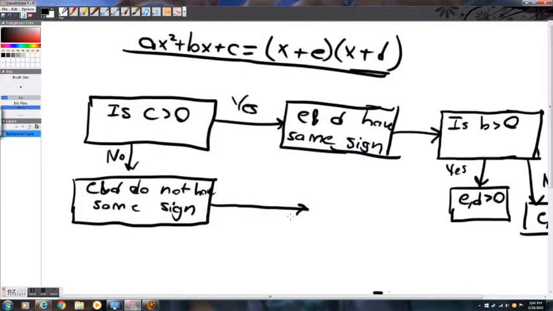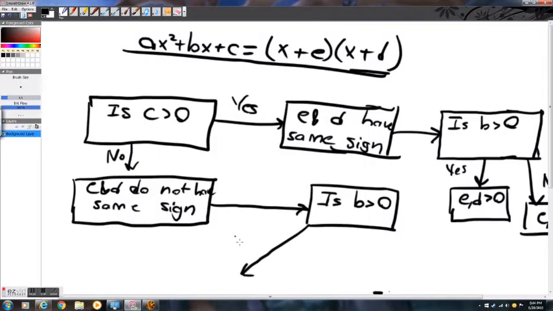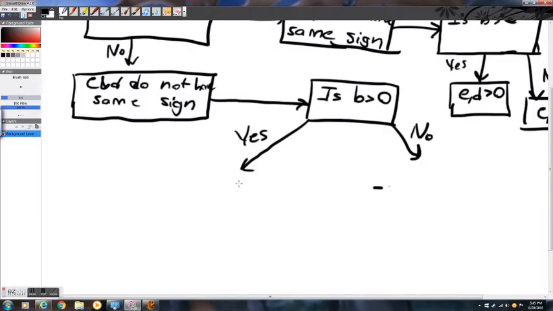So then, if e and d do not have the same sign, is b greater than 0? Yes? No?